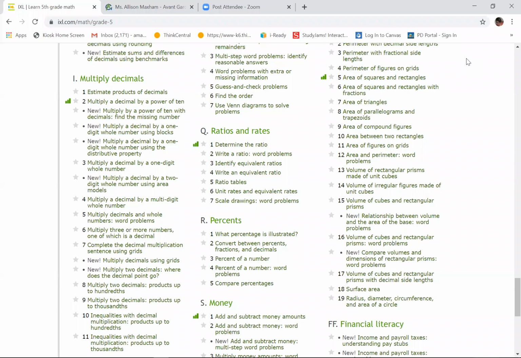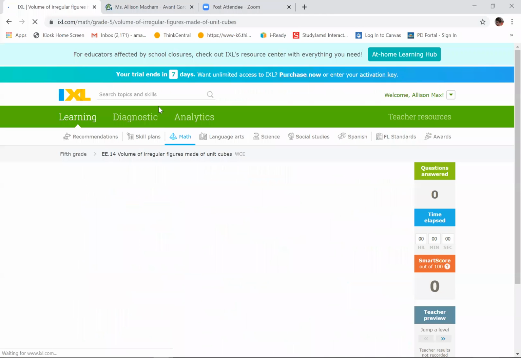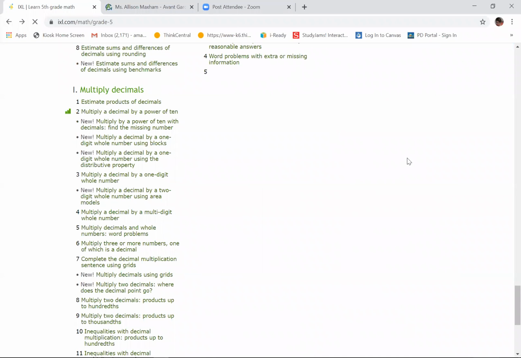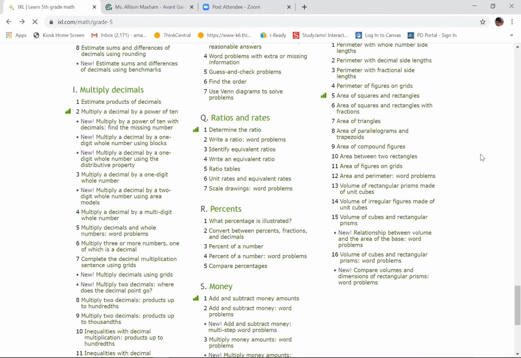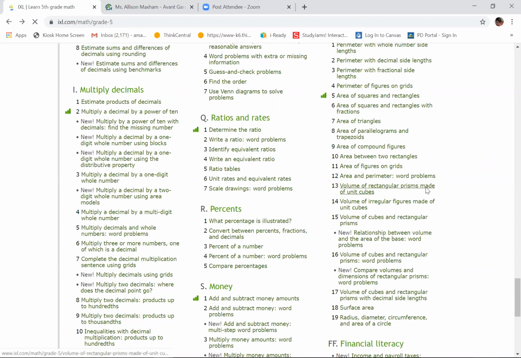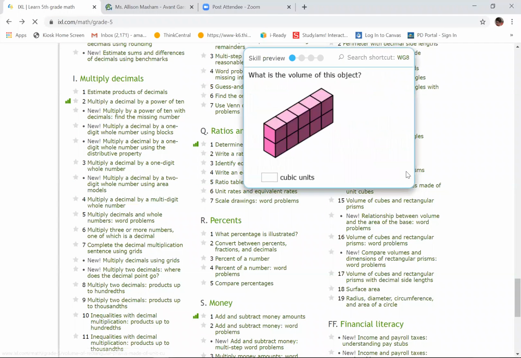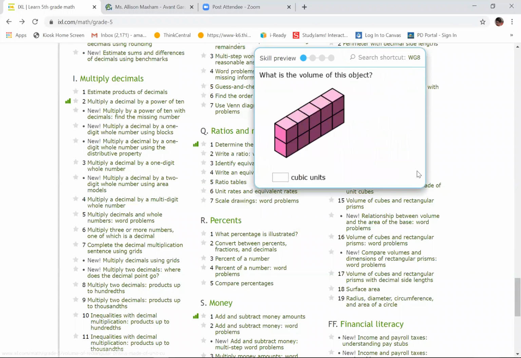Okay, here we are over at IXL, and we're going to do a few practice problems. And let's start. Oh, no, I don't want you. I have to go back. Okay, sorry about that. Clicked the wrong one. There we go. We wanted this one. Oh, it just popped away. Where'd it go? Here it is. The volume of rectangular prisms made of unit cubes, because we're talking about prisms today. Are you gonna let me click?